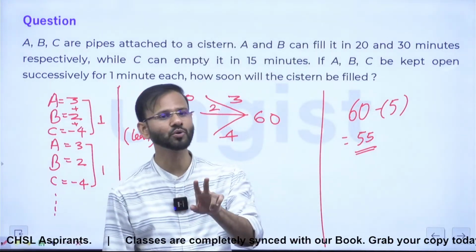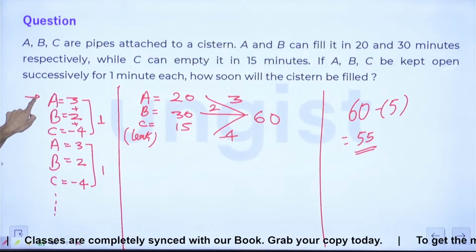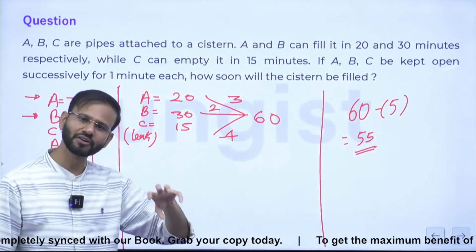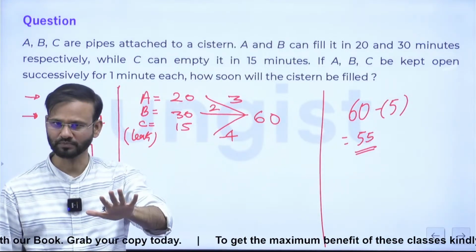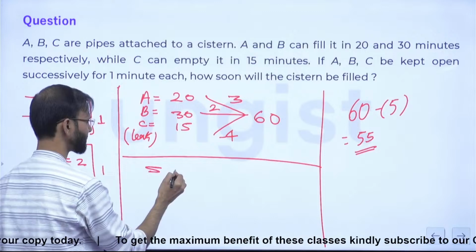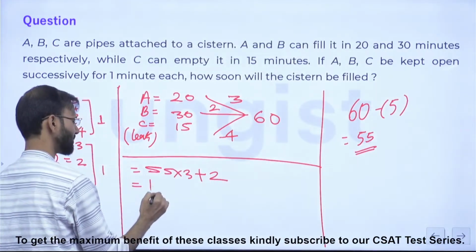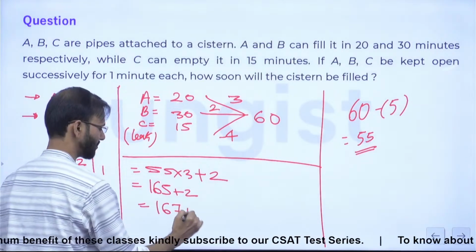Plus 2 more minutes will be the answer, because the next minute 3 and the next minute 2. So, time required to fill 55 units plus 2 more minutes will be the final answer. Yes or no? Time required to fill 55 units is 55 into 3, plus 2 more minutes. So this is 165 plus 2, 167 minutes.